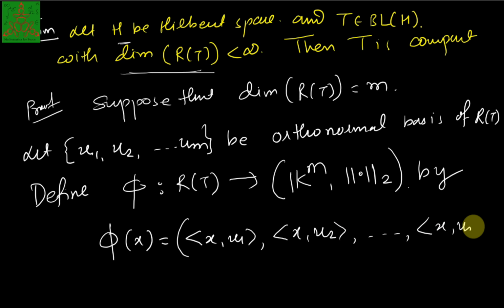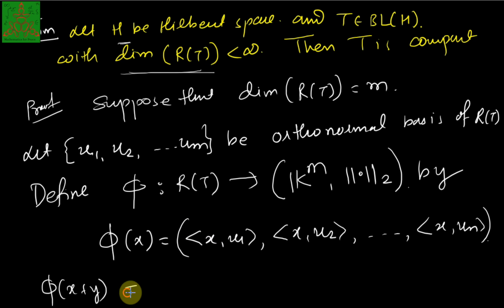Now one can observe very well that this phi is a linear operator. That is easily checked because phi of x plus y, if x and y belong to the range space of T, then by definition of inner product we can separate this out.